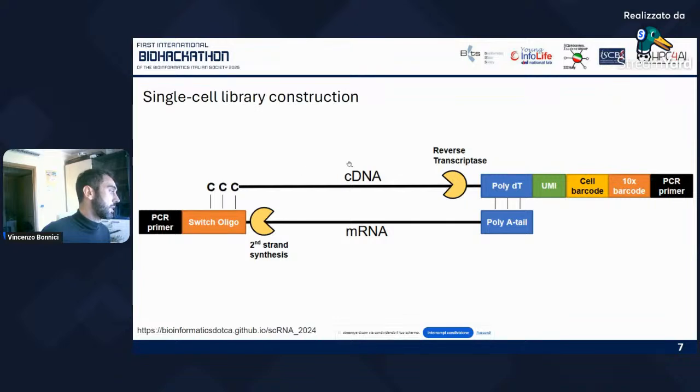So essentially, this is what you are sequencing, but important for us is that part of what you are sequencing is given by the UMI, the cell barcode that is for identifying the specific cell, and sometimes you also have additional barcodes, for example, sample barcodes, and for sure you have the PCR primer of the sequencing.